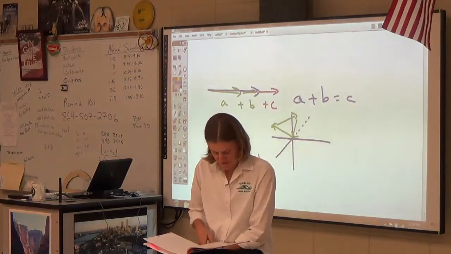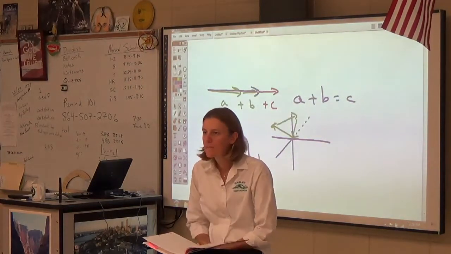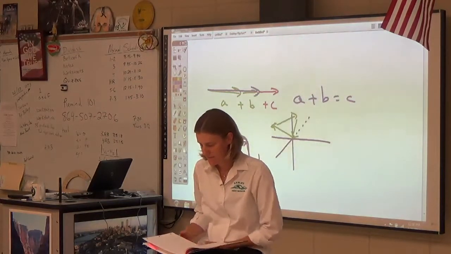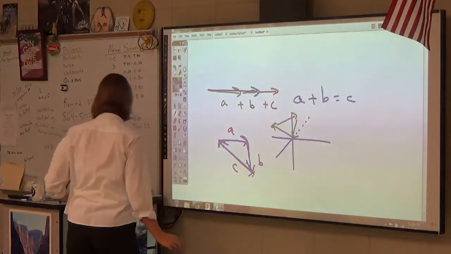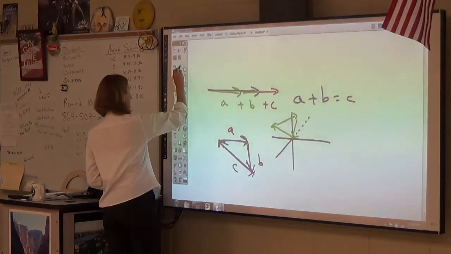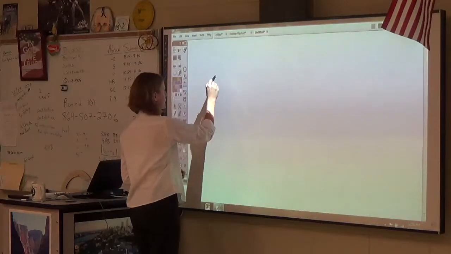So let's think. One being subtracted were like substantially longer than the one that you were subtracting it from. And it was longer than the first one. Tell me about their directions, though.